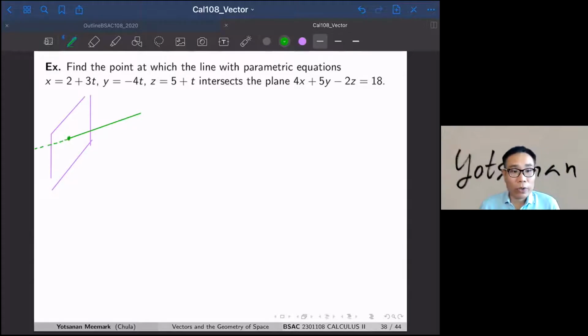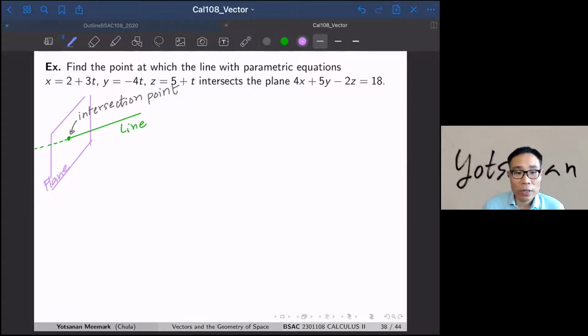So this one will be the intersection point, this one is the line, and this is the plane. So you have the line intersecting the plane.